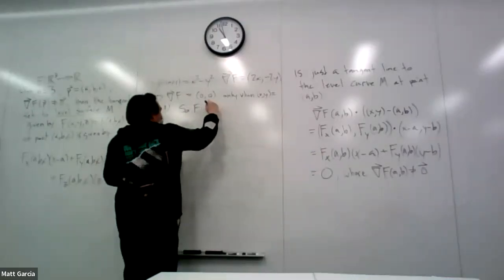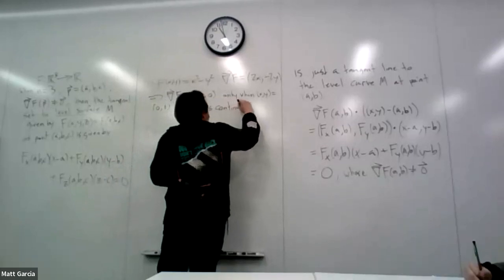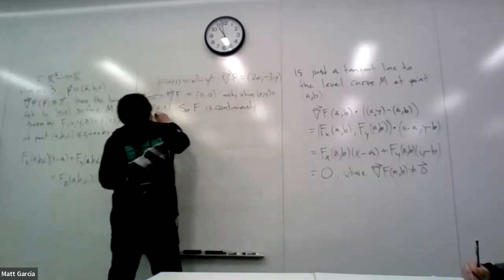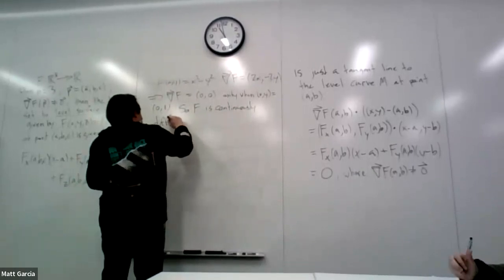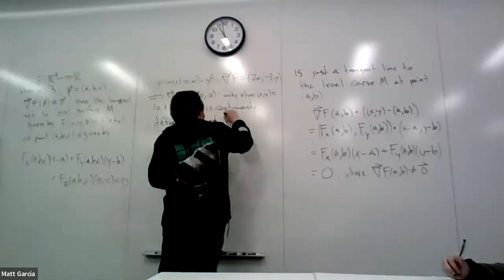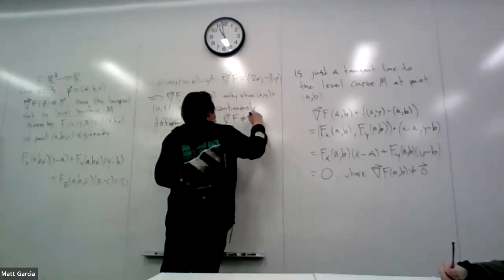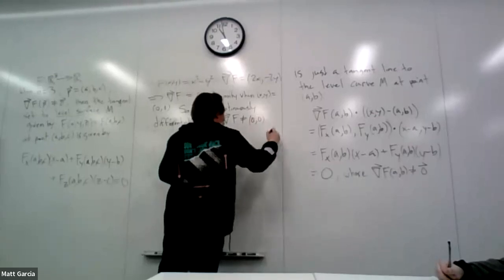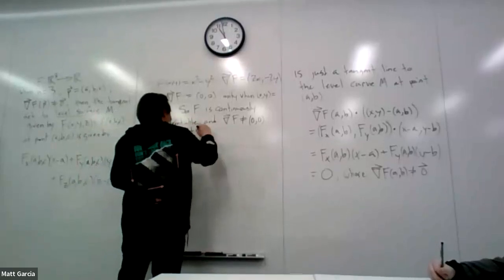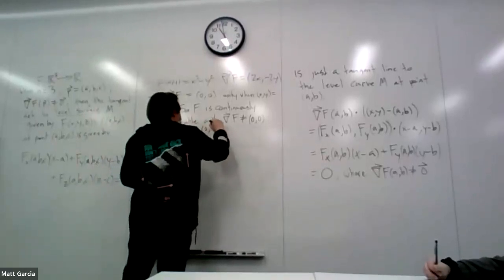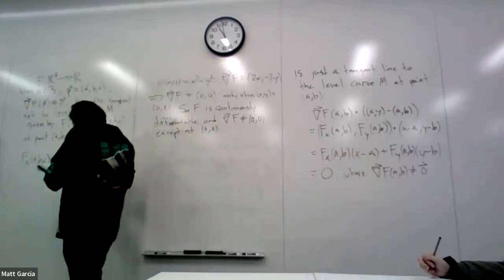So f is continuously differentiable, and the gradient of f is not equal to 0 comma 0, except at 0 comma 0.